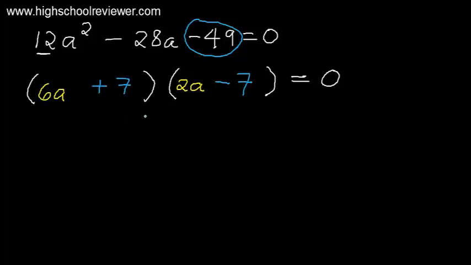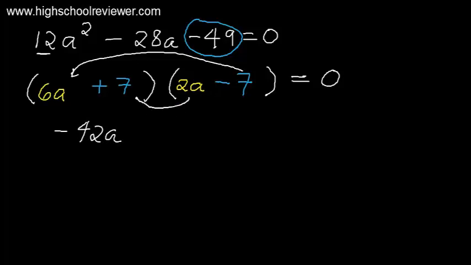So positive 7 multiplied by negative 7 is negative 49. And then let us check if the sum of the outside terms and the inside terms is equal to negative 28a. So let's get their sum. We have here negative 7 multiplied by positive 6a. This will be equal to negative 42a.